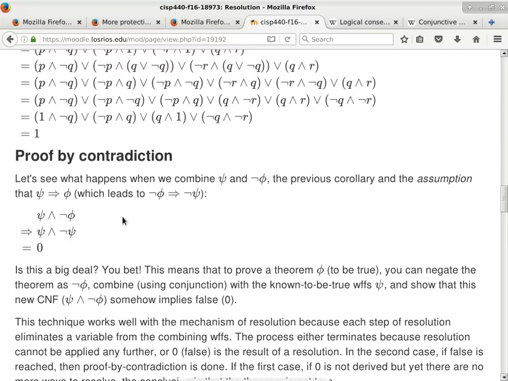We are dealing with proof by contradiction. Then the next question is, why do we want to prove by contradiction? Because if you prove by contradiction, you can use the CNF and the resolution. Is that making any sense at all? Questions?